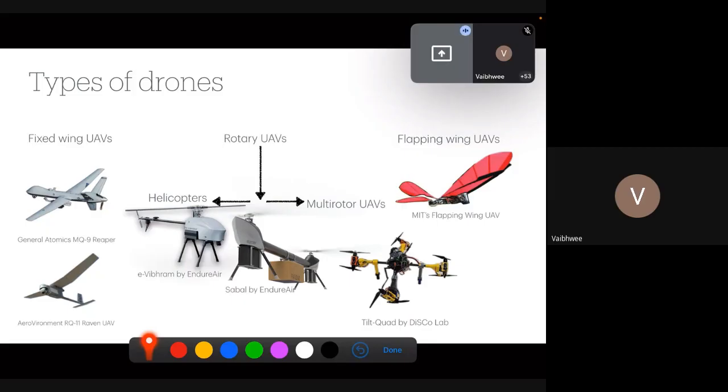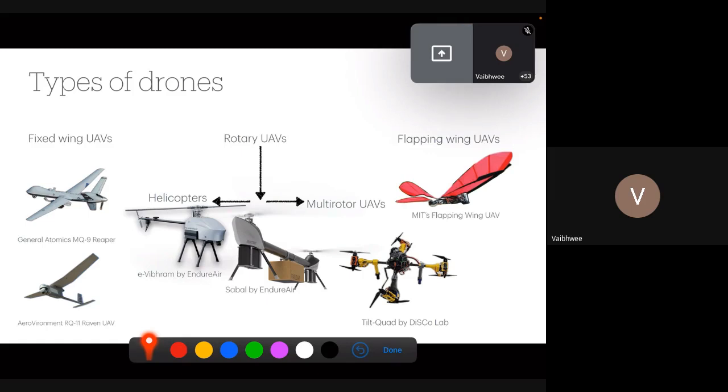Now, unlike fixed wings and rotary wings, where the lift is generated by these wings, flapping wings are biomimetic and mimic birds, where the wings flap in a certain pattern to generate the lift.